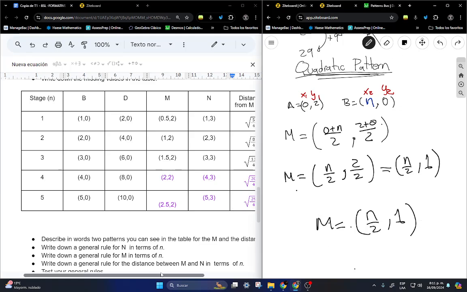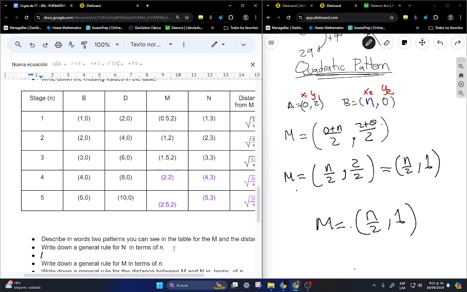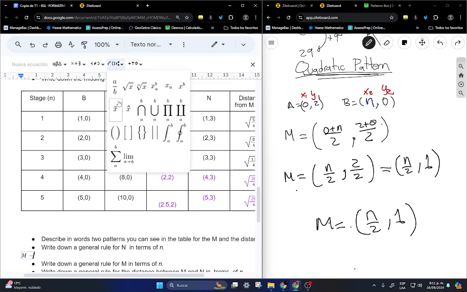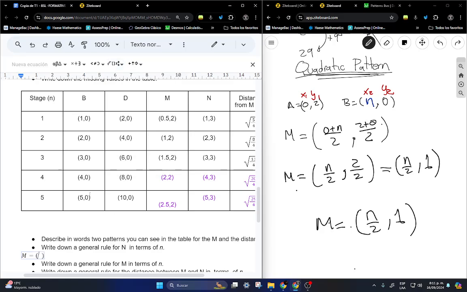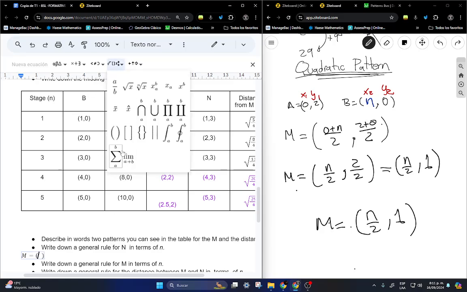So actually, let's write it here in our answer. New equation. So M equals, parentheses. Actually, let me write big parentheses here. I want even bigger, but no problem.